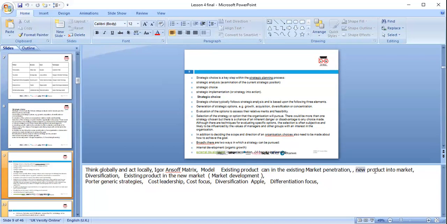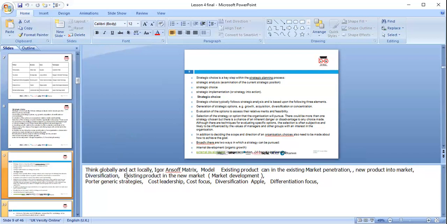If you're selling a new product into an existing market, that will be called market development. If you're selling a new product into a new market, we can say diversification.